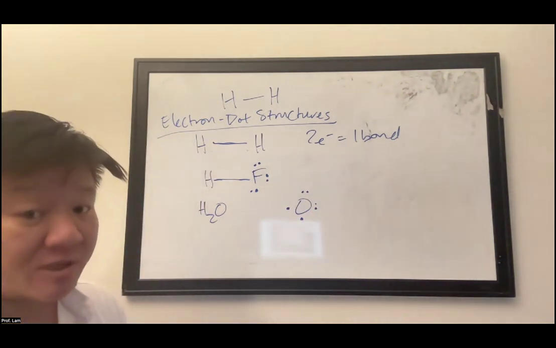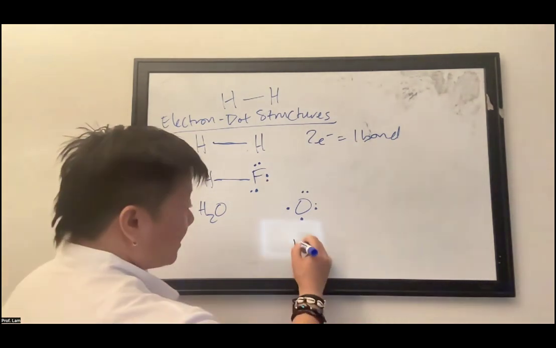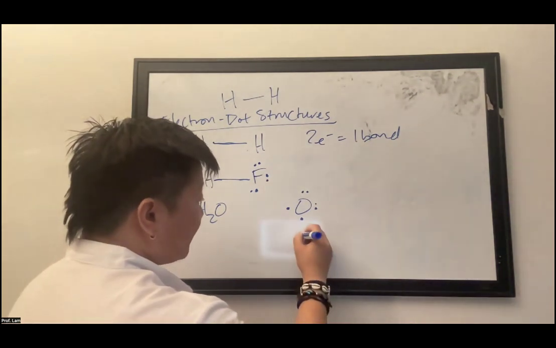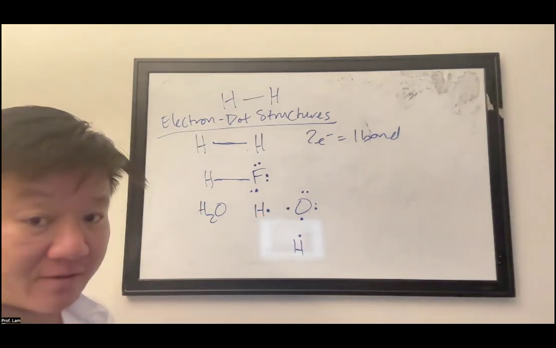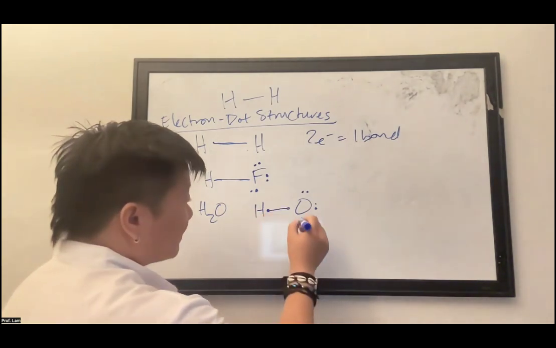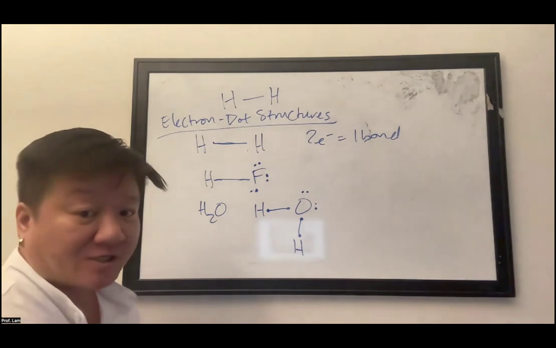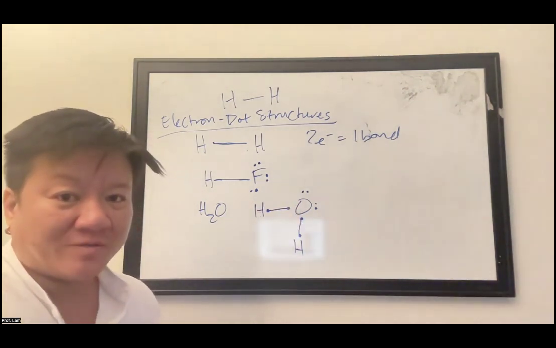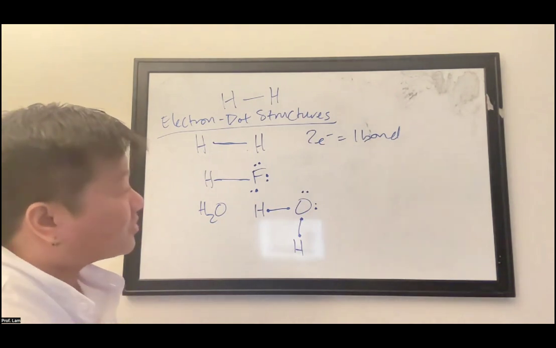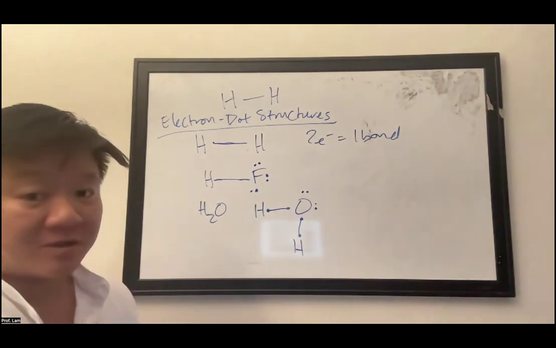That means that oxygen is going to want to make 2 bonds in order to pair those up. And so hydrogen, remember, has its 1 valence electron, and that's going to be the one that pairs up with the oxygen. And so that's why H2O looks like this, okay? So the electron dot structures can really help you figure out how to draw these molecules.